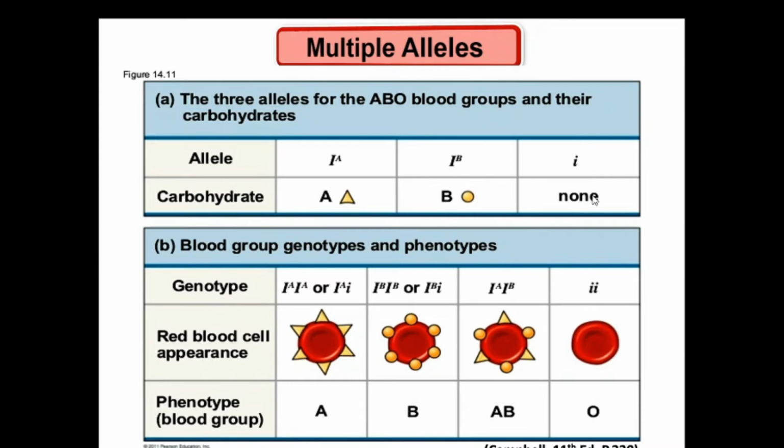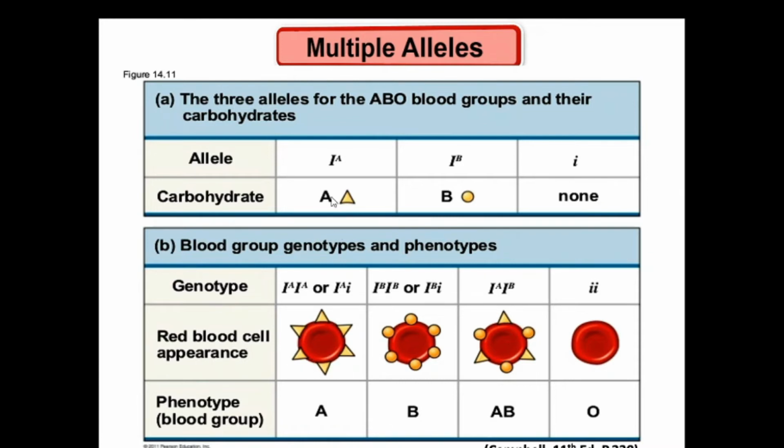Now let's look at the genotypes and phenotypes. For the genotype IAIA or IAIO, the red blood cell appearance would look like this.